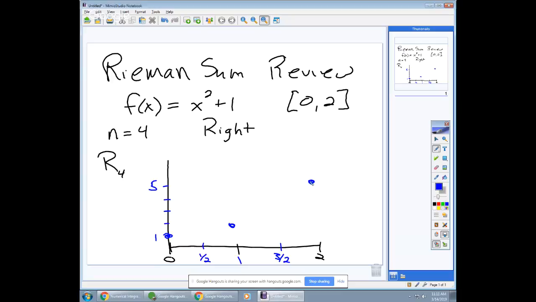So here's my parabola kind of stretched out. And we're making these Riemann sums since we're doing right endpoints, and this function is increasing. That turns out to be an upper sum instead of a lower sum. Those are rectangles.